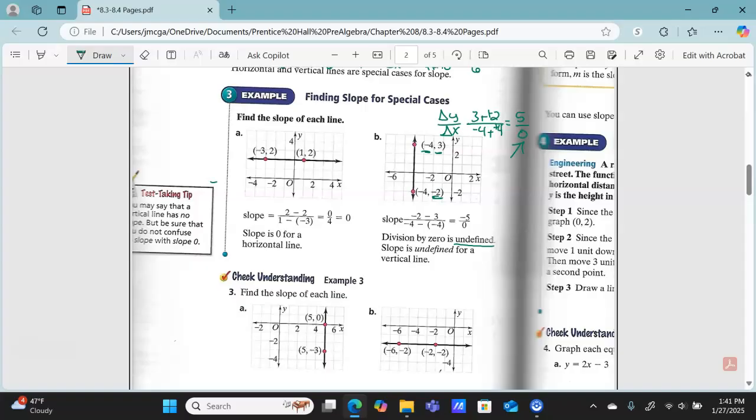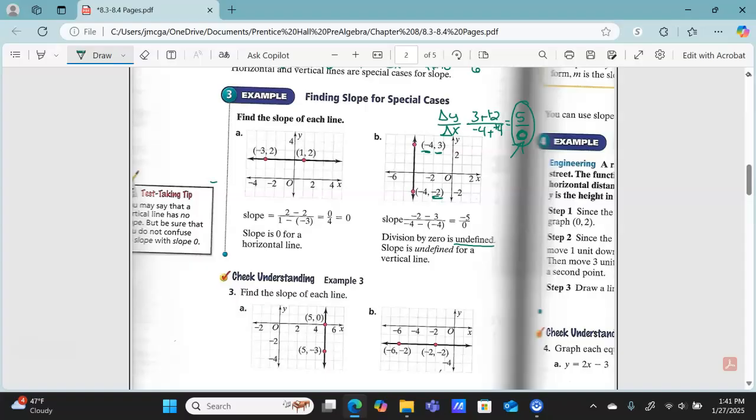The reason we say it's undefined is it literally doesn't match the definition of division, because that's what we're doing when we have a fraction. Division means that we take it and spread it out amongst however many are on the bottom. Well, if there is nothing on the bottom, then we are not spreading it out among anything, so we're not dividing.